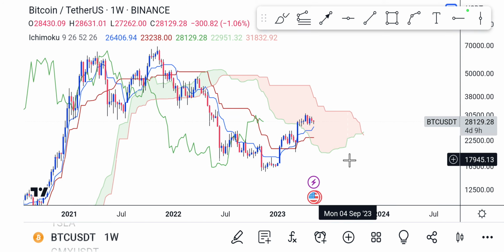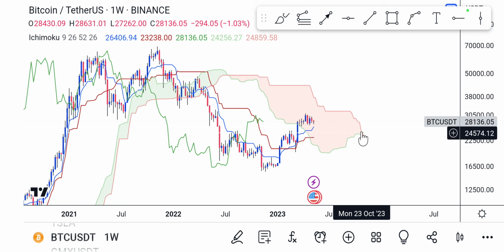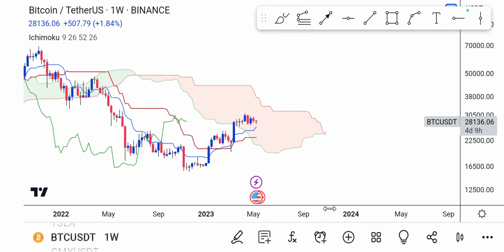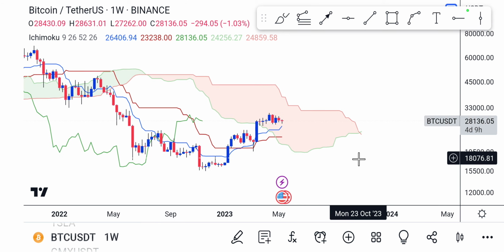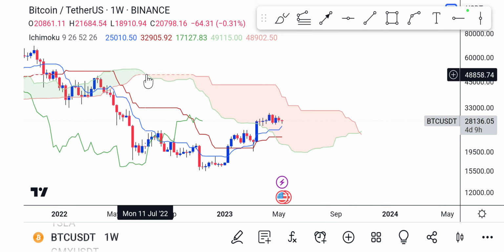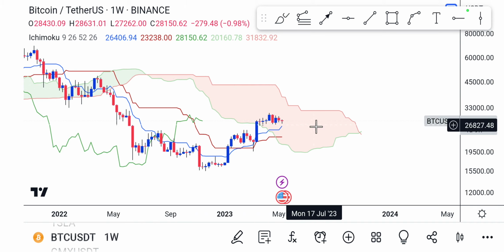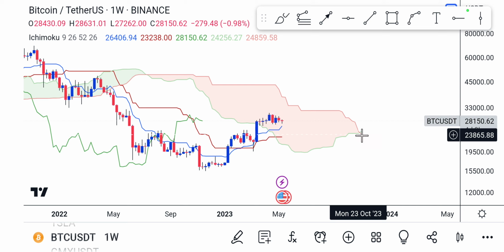So take a look at this. If you watched my previous video, I talked about this impending Kumo twist, which is currently happening. And look at this, since the 11th of July 2022, we've not had any bullish Kumo twist until now.